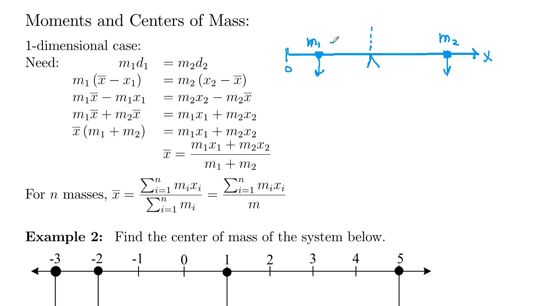And what we know is that if you look at the distance from the fulcrum, the balance point here, that's d1, and then look at the distance from the fulcrum to the mass m2, we'll call that d2. Law of the lever says that m1 d1 has to equal m2 d2.